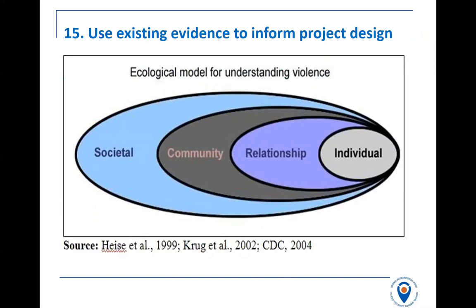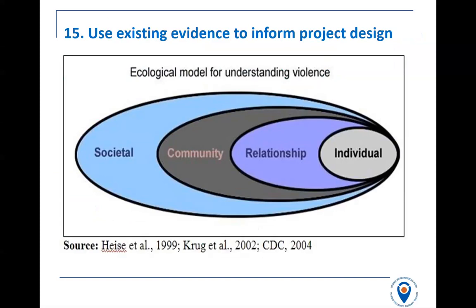But on the screen now, I'm just showing you a very common model of change towards ending violence against women. And that's what's called the ecological model. Now, you don't have to be a researcher or a technical expert to understand this. And many of you are very aware of this, that to change the lives of women and girls and to end violence against women, you may have to change attitudes and behaviors at the individual level.